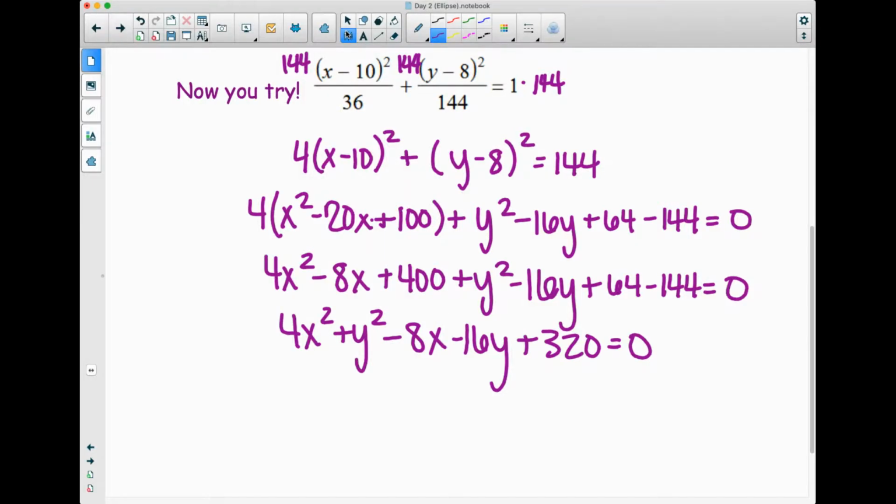Any questions on that? Did I do something wrong? 4 times negative 20 equals negative 80. Yeah, I was like, something's not right, but I can't tell what.